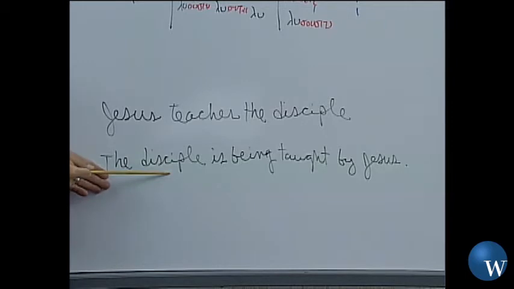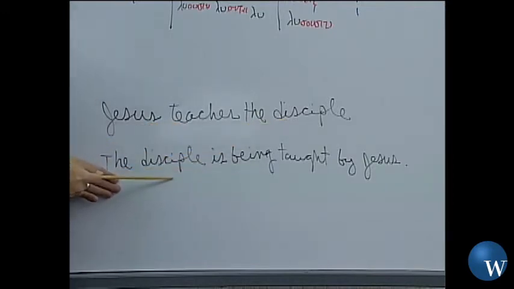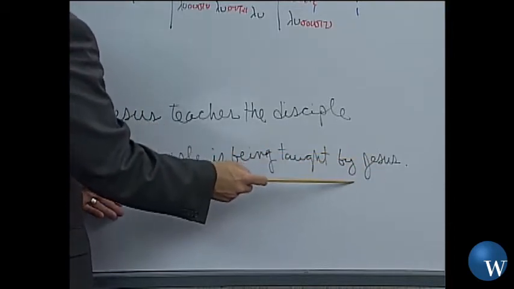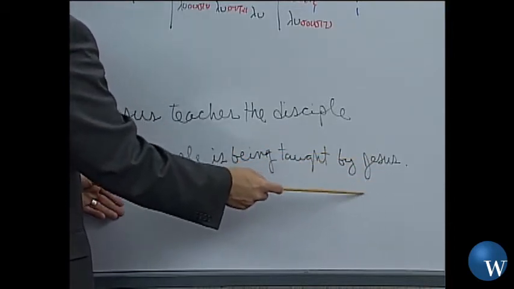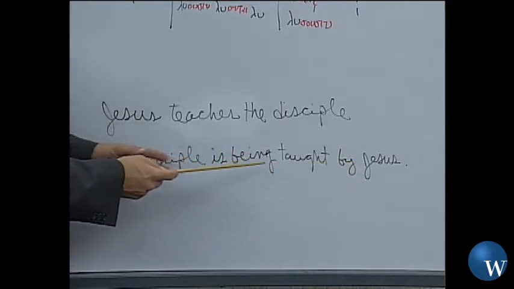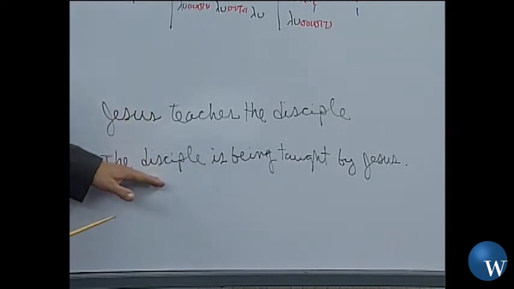It's the recipient of the verb there. It's the same idea as Jesus teaches the disciple, but here perhaps we wanted to emphasize that the disciple is being taught, and then by Jesus is the reference as to who is actually performing the action of the verb, but we're saying it in a different way. So this is an active sentence and this is a passive sentence.